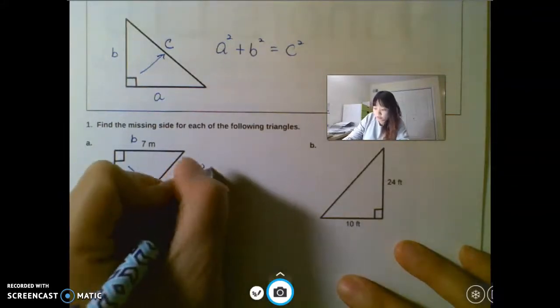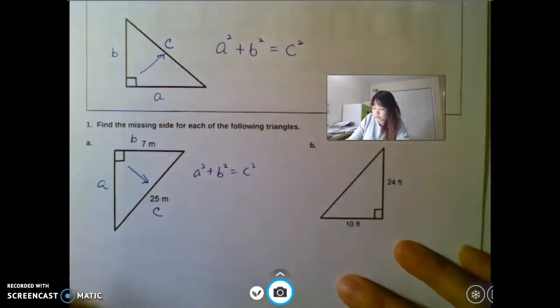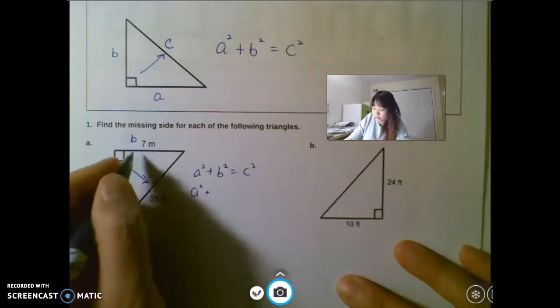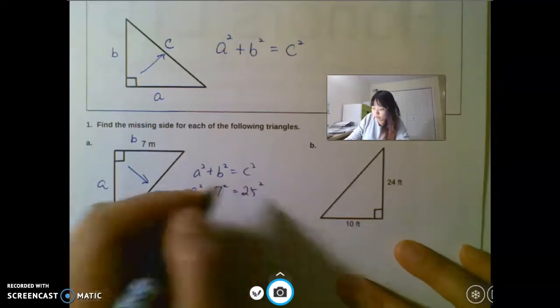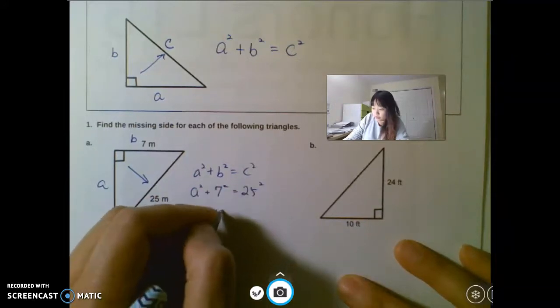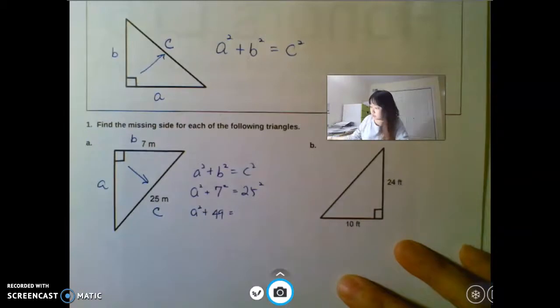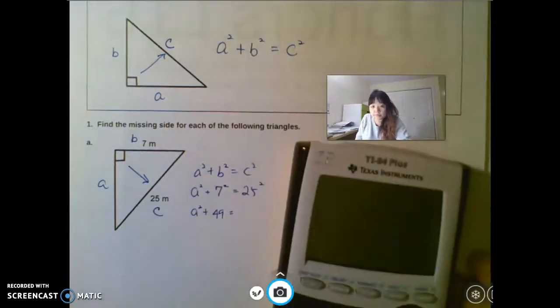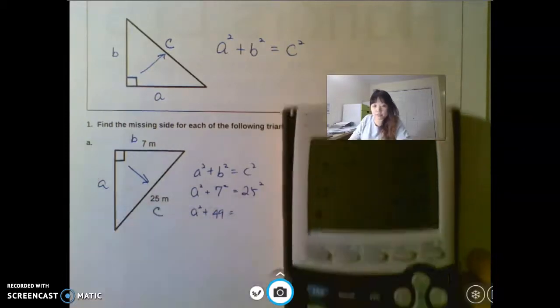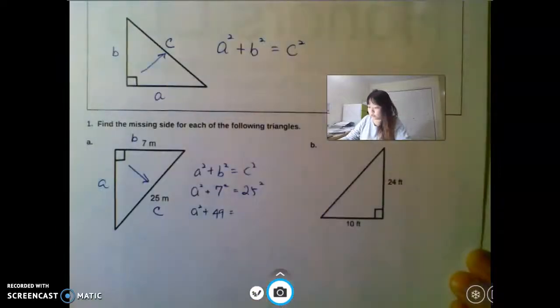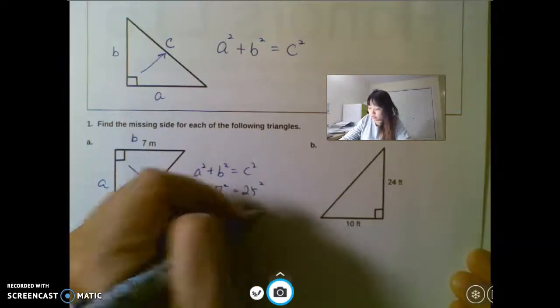I'm looking for A, I have 7, and the hypotenuse is 25. So A squared plus 49 is 25 squared. 25 squared is 625. I know it's dark, but you really don't need to look at that.